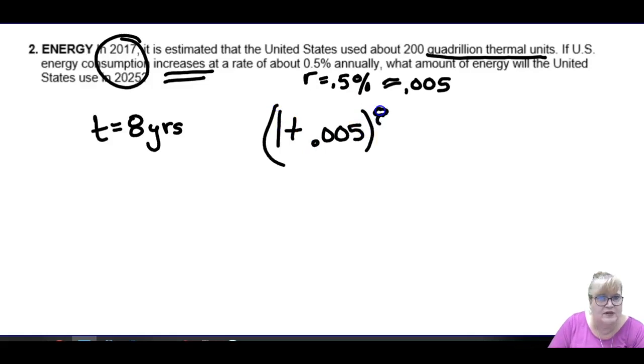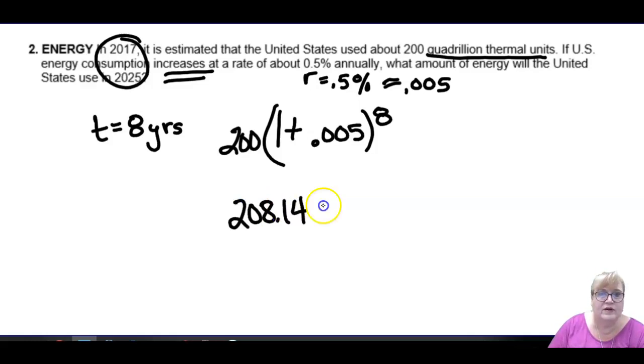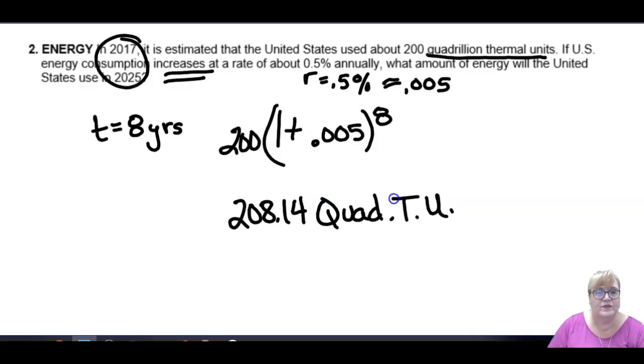And we said 8 years, and it started at 200. So 200 times 1 plus 0.005 to the 8 is about 208.14, I'm not going to worry about it, quadrillion thermal units. Okay?